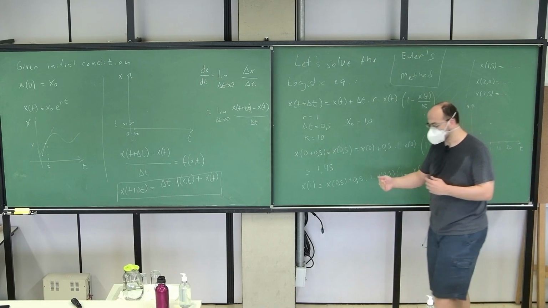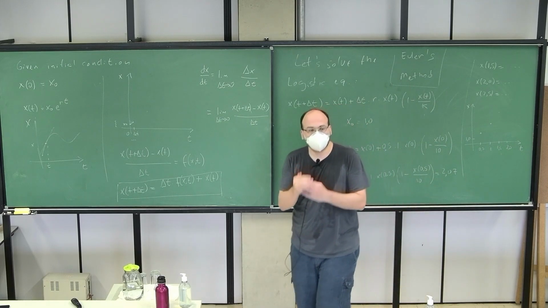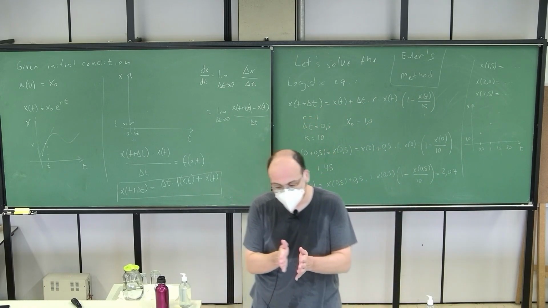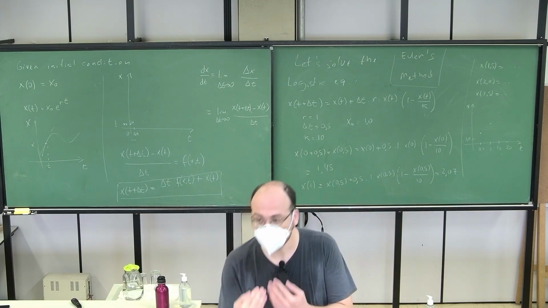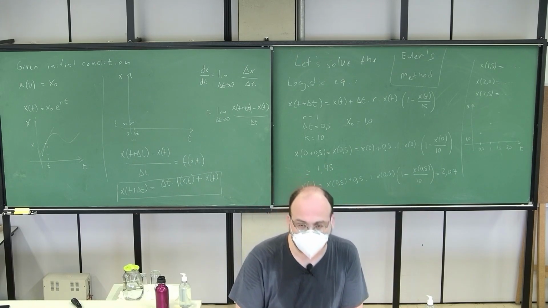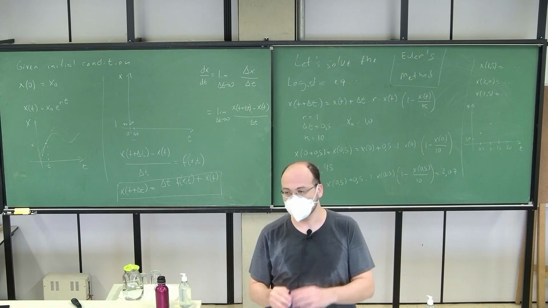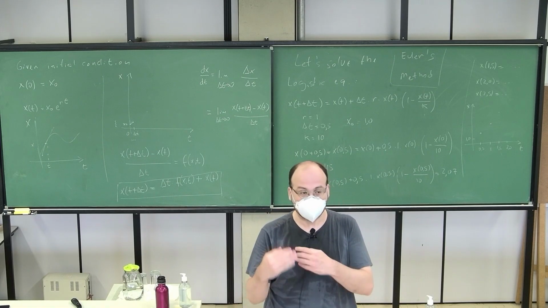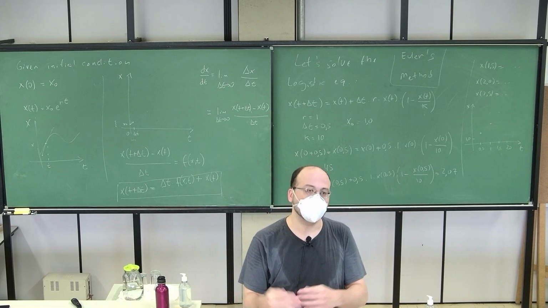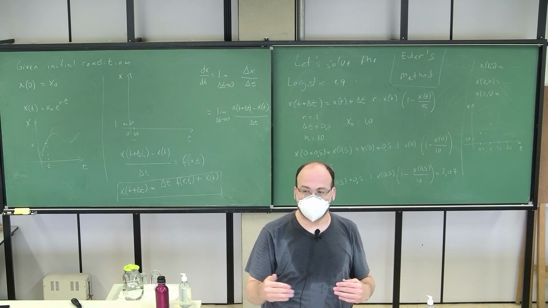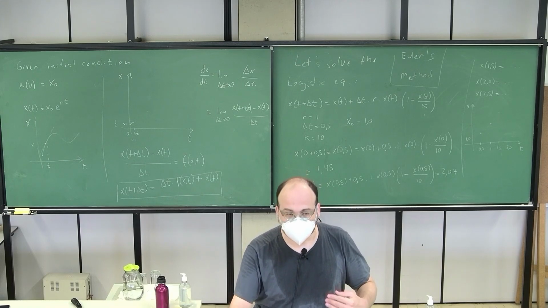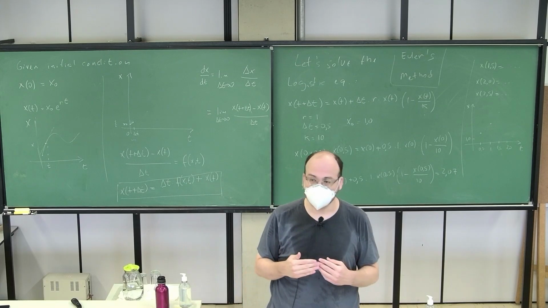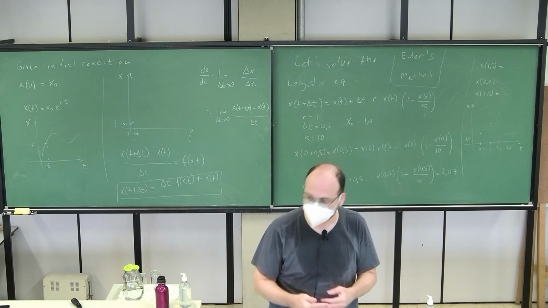So the trick here is to do the following. You do a time step, and then you estimate the error. I won't go into detail of how you do this, but there are ways to estimate the error. And you say, okay, if this error is larger than some tolerance, what do I do? I go back and try to do it again with a smaller step size.